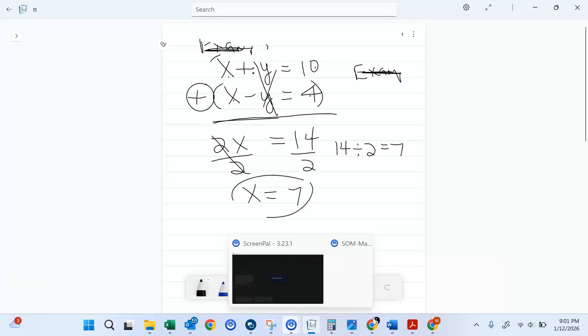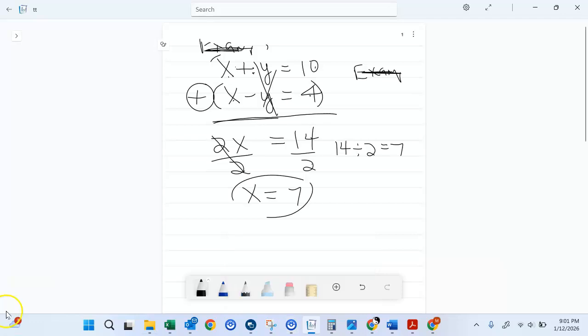Now, how do we use it? Well, if x is 7, then let's take this equation. Instead of x, I'm going to put 7 plus y equals 10. And then what is y going to be? Well, I subtract 7, right?